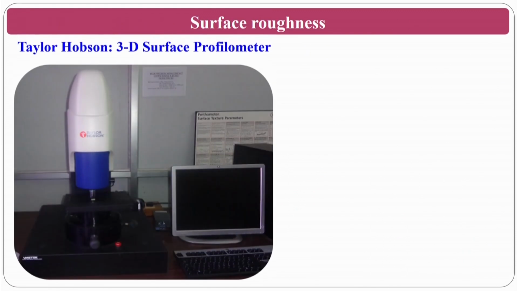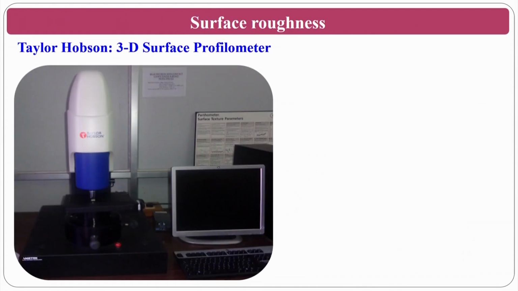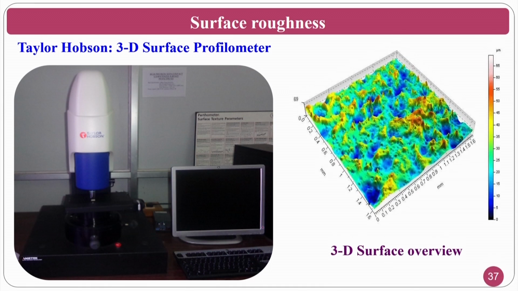Now the other, more advanced way is the non-contact interferometer, the surface interferometer and other things. This will give you a complete area wherever it can focus. From this you will get a 3D surface view.